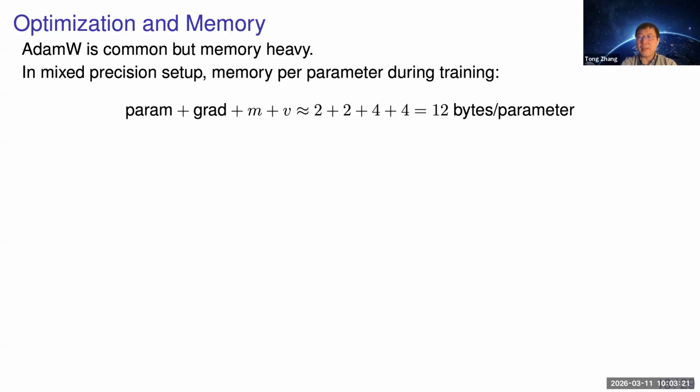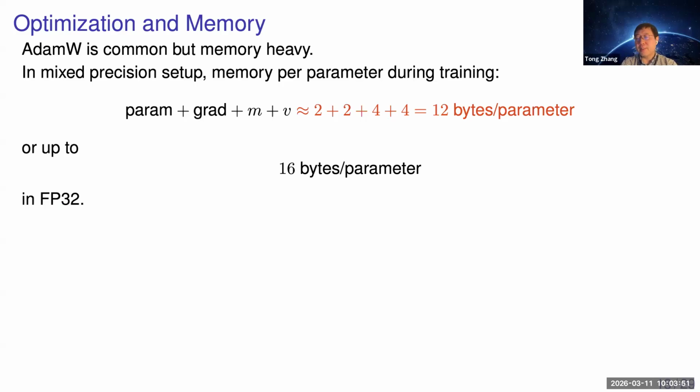So unfortunately, you have to use 4 bytes. So 4 bytes plus 4 bytes, totally it becomes 12 bytes. If you just look at the parameter, it's 2 bytes. Then if you look at all the training states, it's 12 bytes. So you see that optimization matters quite a bit.